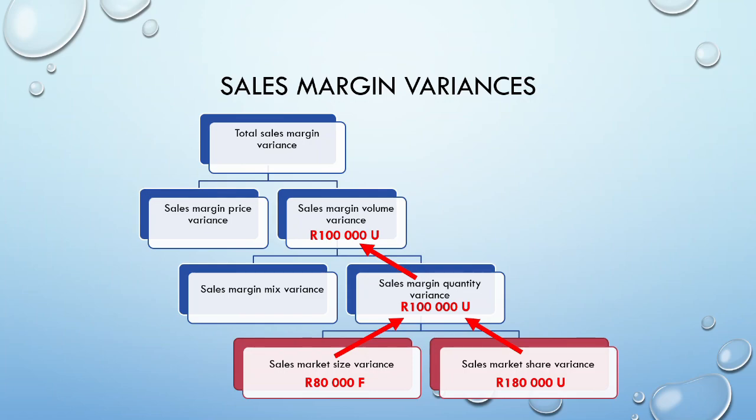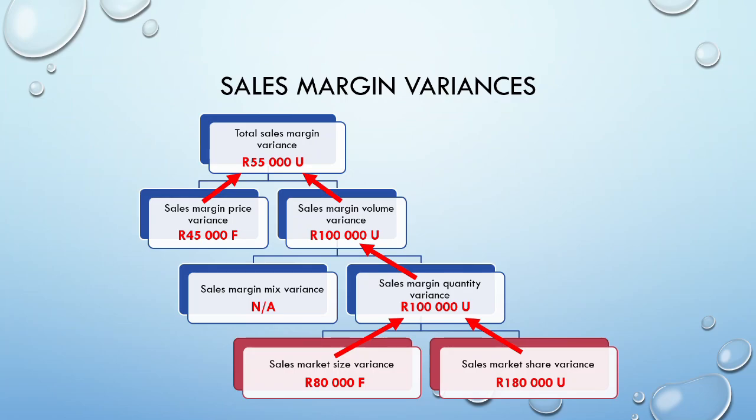Remember, we only had one product, being widgets, so the sales margin mix variance is not applicable. We then calculated our sales margin price variance as 45,000 Rand favorable. Finally, we can calculate the total sales margin variance as the sum of the price and volume variances. Now, this is great for a variable costing system, but what about an absorption costing system?